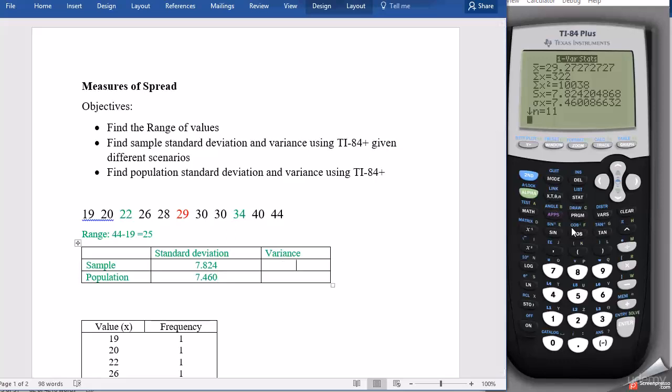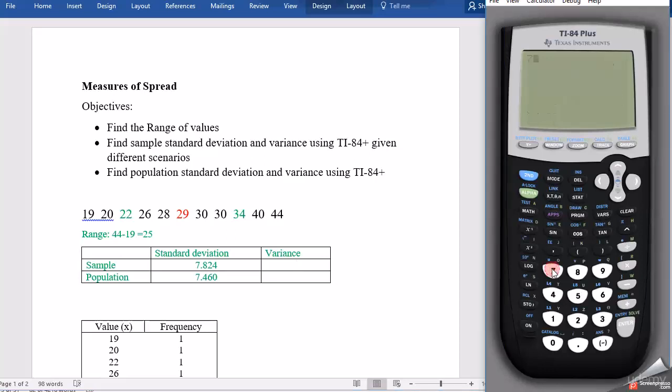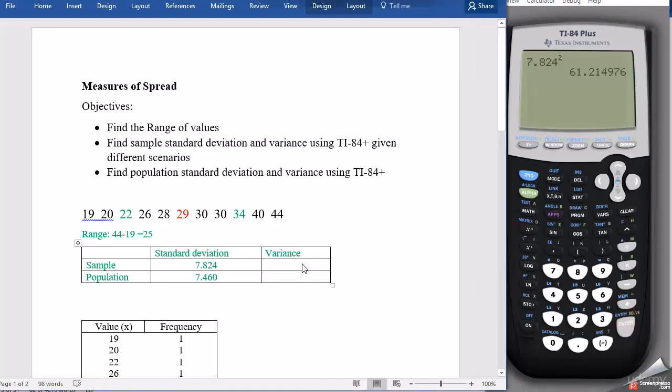Now to compute the variance, you always square the values of the standard deviation. So in this case, we're going to square 7.824. I'm going to do it right here, 7.824 squared, and that gives me 61.215. Now the variance for the population, we do the same thing.